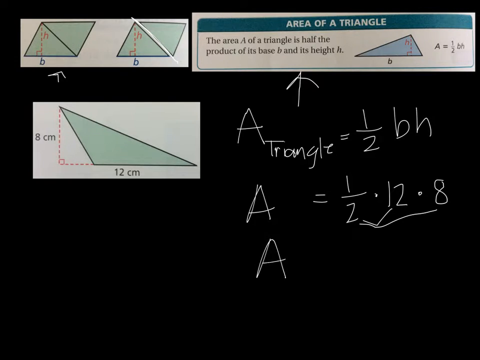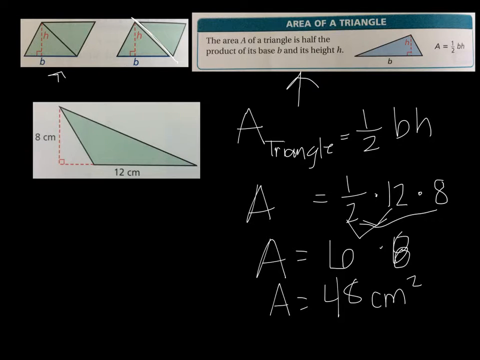So I will just work left to right. Half of 12, or 1/2 times 12, is the same as dividing it by 2, so that would be 6 times 8. So the area is going to be 48 centimeters squared. That would be the area for this triangle.